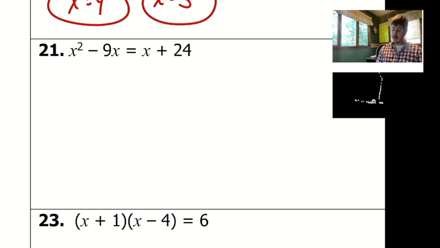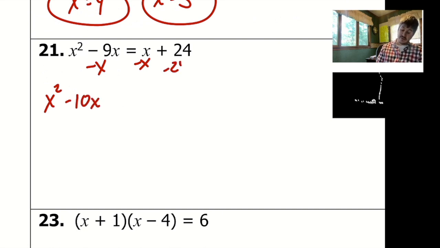But because the x squared is right there, I'm going to bring this x over here, which you are going to have to combine like terms. You're subtracting an x, and there's an x term already over there. So it's going to be negative 9x minus x, which is minus 10x. And then you're going to have to subtract 24 from both sides, because you need the whole equation set equal to 0. And then we can factor from here.